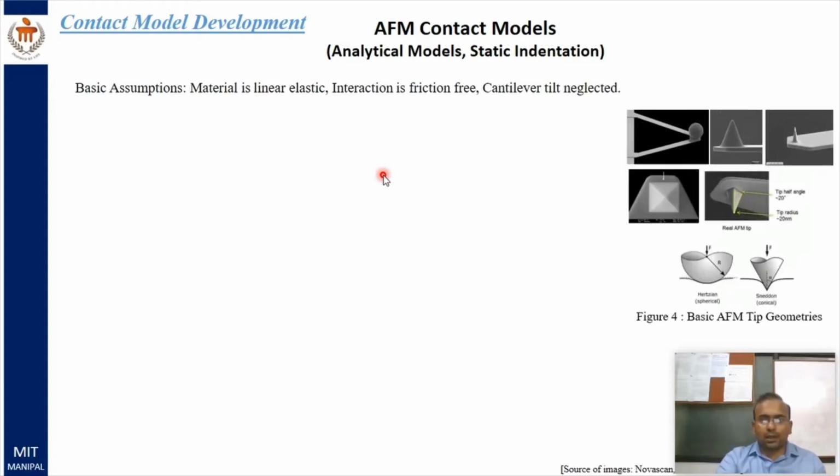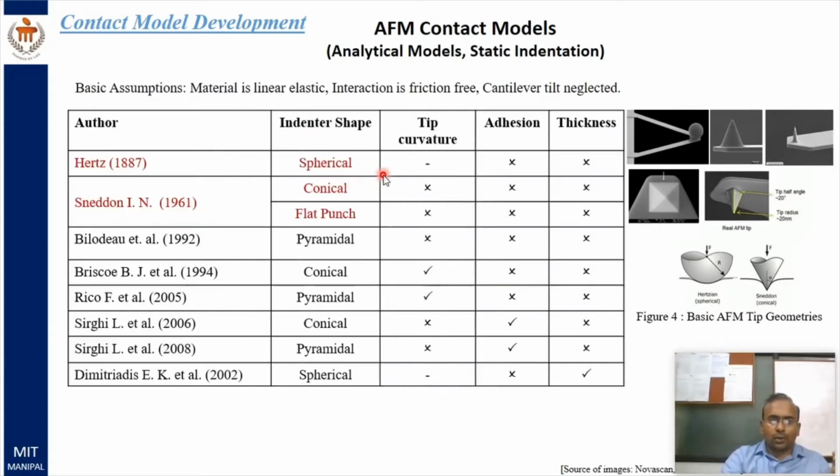So the researchers used some contact models, and the selection of contact models is mostly based on the shape of the tip geometry. The Hertzian and Sneddon's contact models were the most popular contact models in the literature. Their popularity is mainly because of the simple closed form expression, the equation.